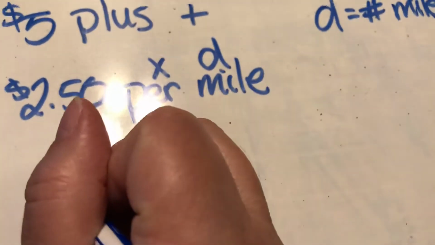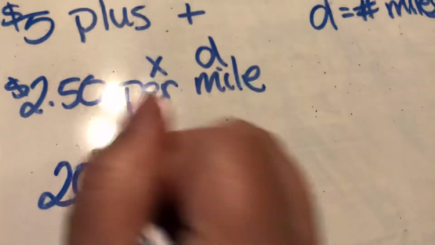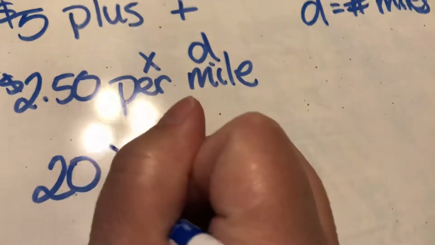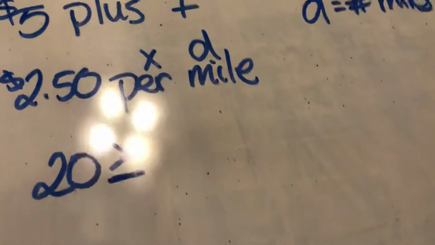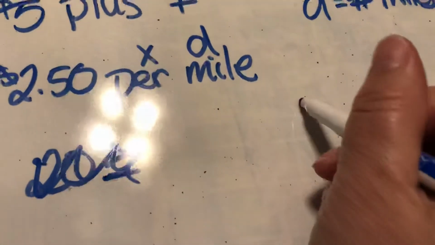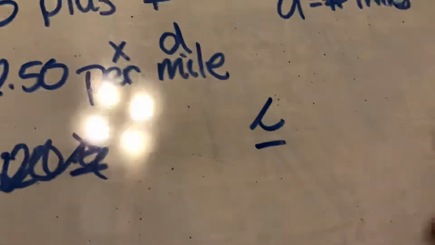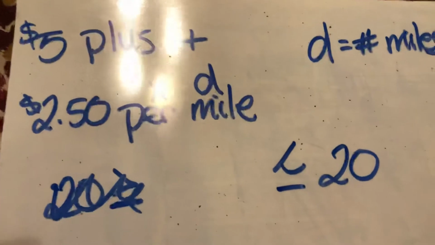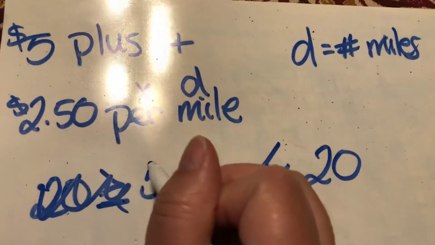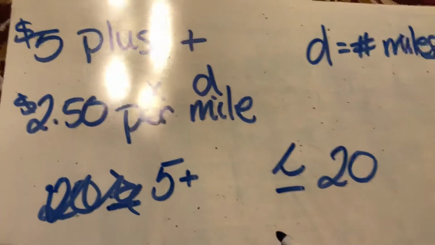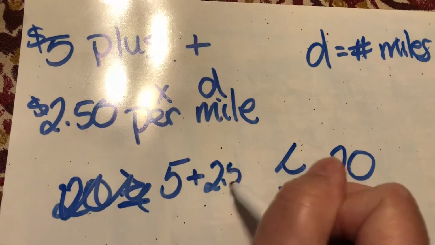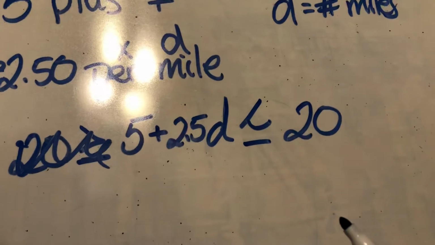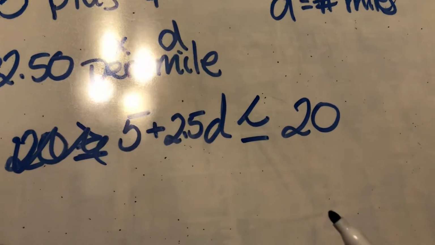And I would say no. So I'm going to use $20. And my inequality, I can spend $20, but I can't spend more. Actually, let me rewrite this way. So I'm thinking of less than or equal to 20. So now I put it together. I take my 5 plus my 2.50 times D. So there's my equation, or my inequality.